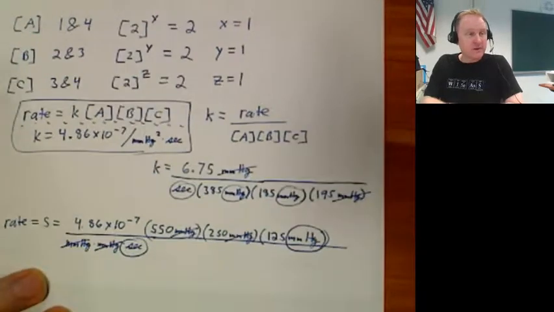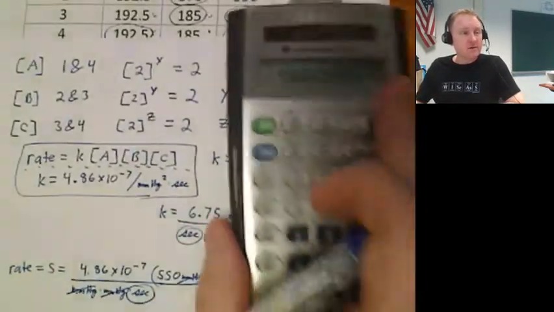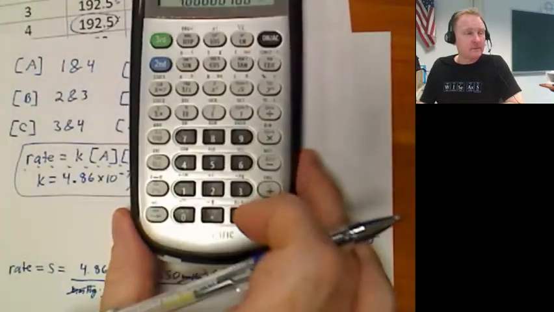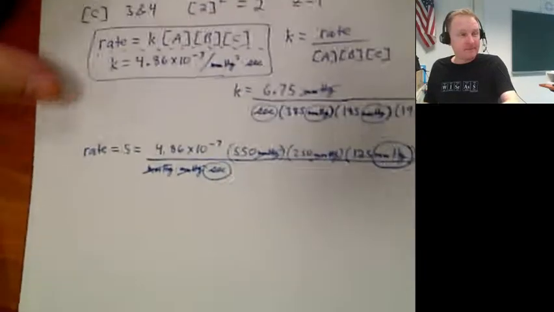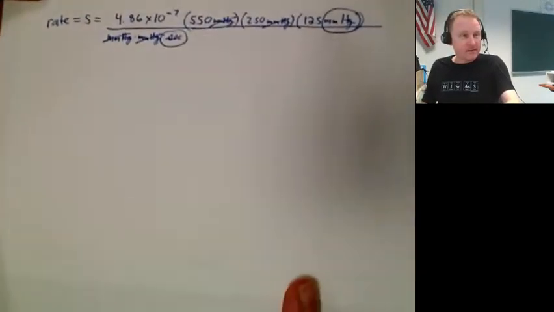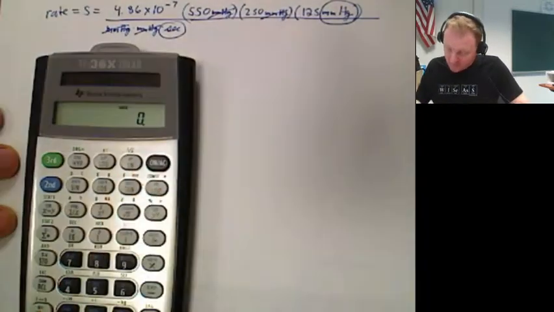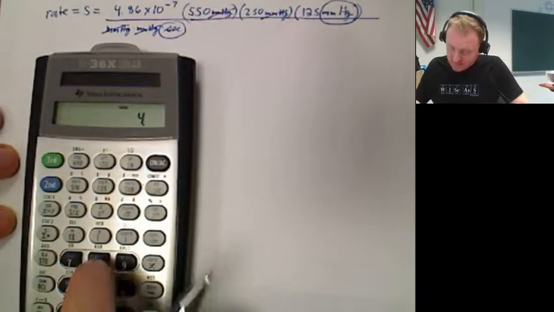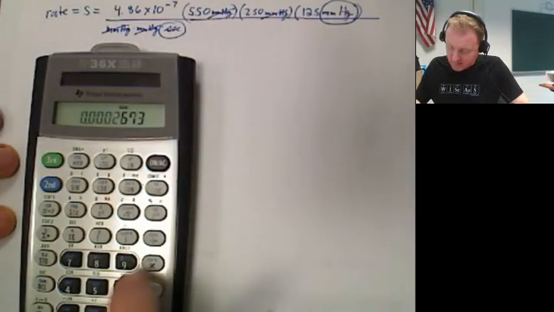So let's just multiply this through. Let's try to fit this on here. Where can we do this so you guys can see it? Put that up there. So let's do that. 4.86 times 10 to the negative 7th times 550 times 250 times 125.